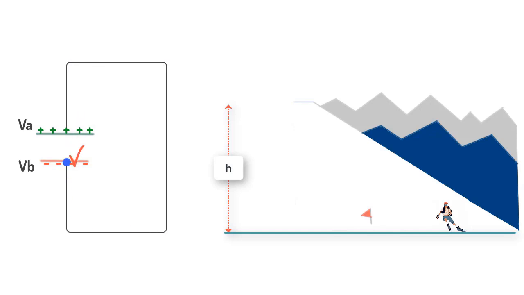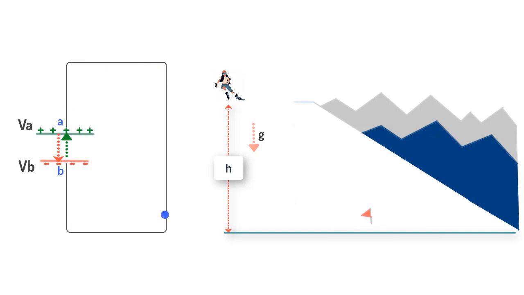Now this charge cannot automatically move from this place of lower potential to a place of higher potential on its own, and you can see the reason is that the direction of the electric field is downwards from the positive plate to the negative plate, and therefore a positive charge has no chance of moving towards a positive terminal against this field. Quite like you cannot move to the top of the hill on your own against the force of gravity.